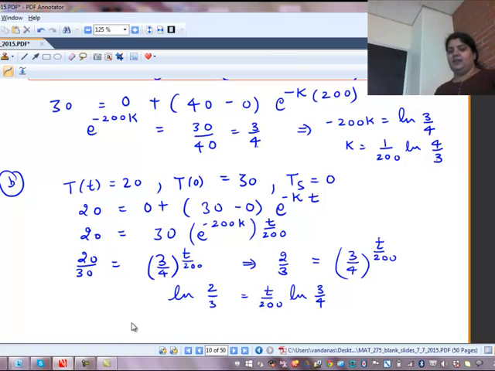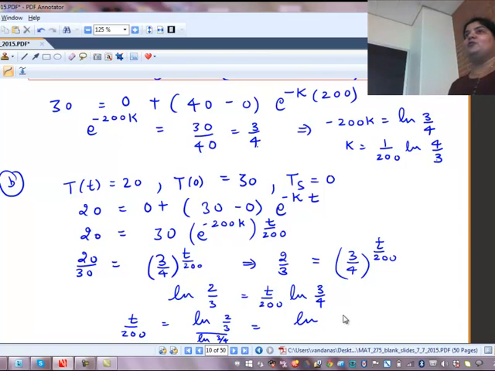So you will get here t over 200 is nothing but ln of 2/3 divided by ln of 3/4, which will be nothing but ln of a divided by ln of b is what? So I can write what here? ln of what?